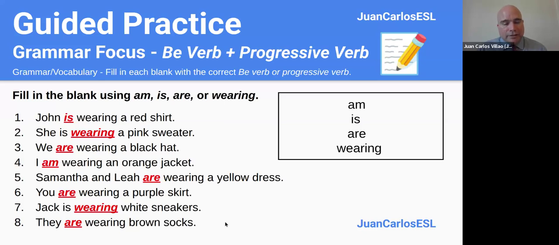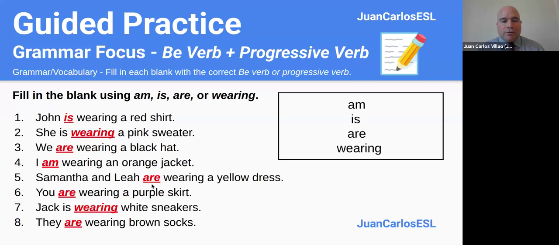So that is the guided practice. Let's read all 8 sentences one more time to ensure everyone understands and has the correct answers. John is wearing a red shirt. She is wearing a pink sweater. We are wearing a black hat. I am wearing an orange jacket.